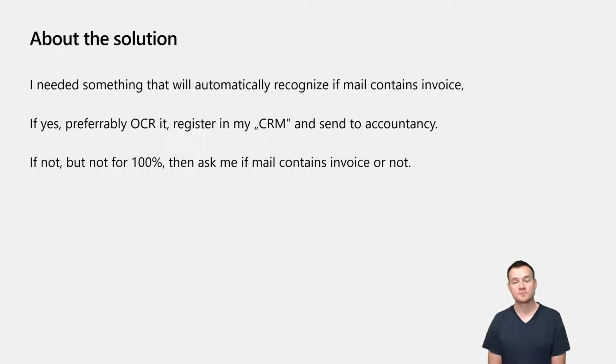It could also send these documents over to the accountancy without any activity from my side, and only in case that it is not 100% sure whether this is an invoice or not, ask me so that I can step into the process and manually decide whether this document should be passed over to the accountancy.